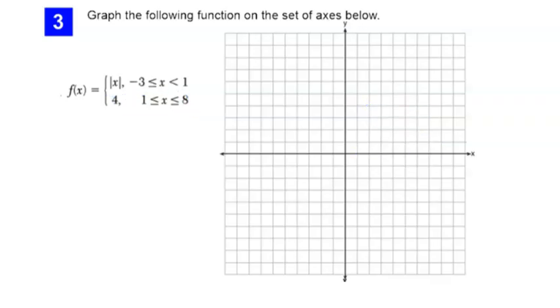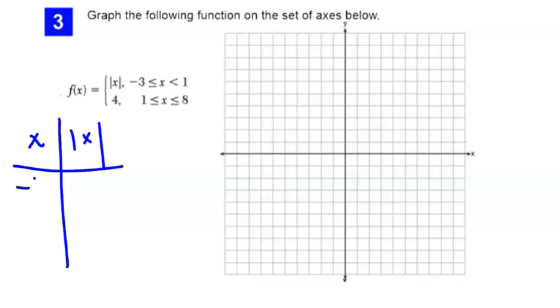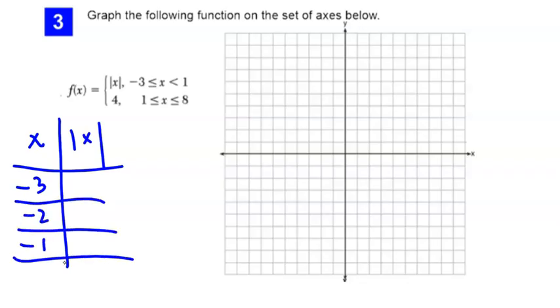So the absolute value of x is what I'm looking for, for the first few points. And you'll notice I have a greater than or equal to here, but here it's just a less than.